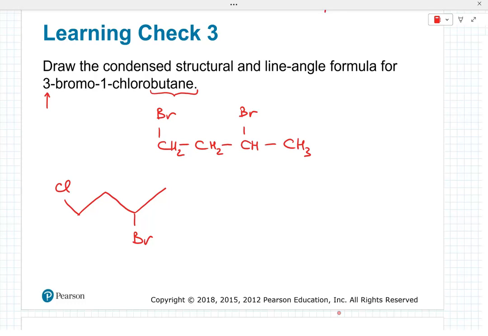Position's the same. 1 and 3. Yes. Nothing changed. But both substituents are the same. So 1,3-dibromobutane. That makes a lot more sense. Excellent.